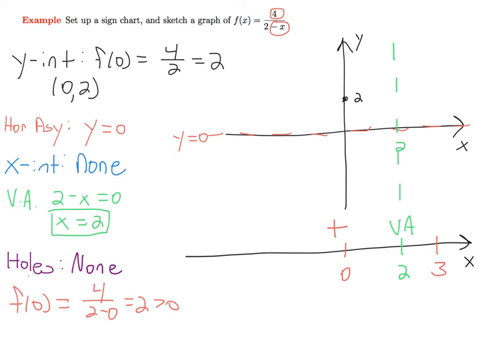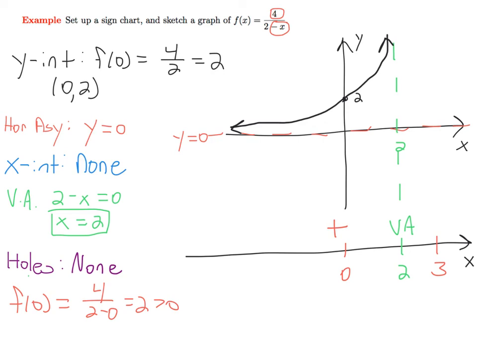This tells me that as x is getting close to 2 from the left, the graph remains above the x-axis, so it has to be going up to positive infinity. Sketching that, we go like this, we pass through the y-intercept, and then we flatten out as we approach the horizontal asymptote, which is y equals 0.